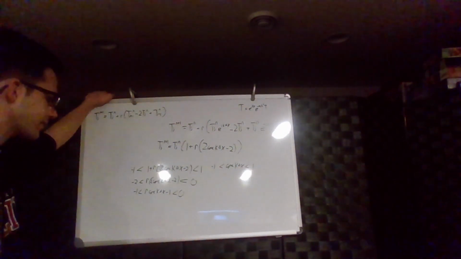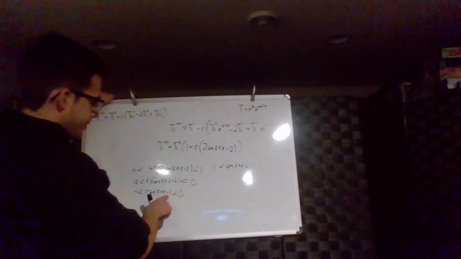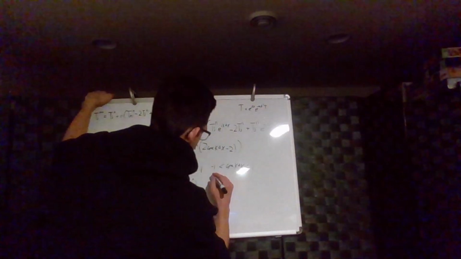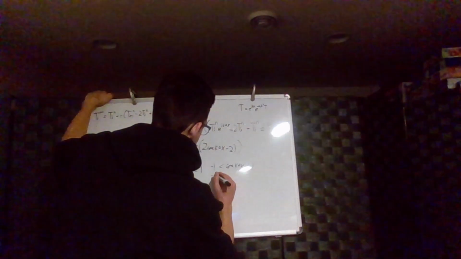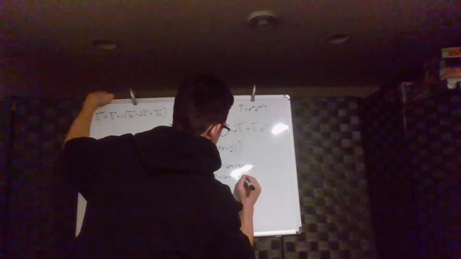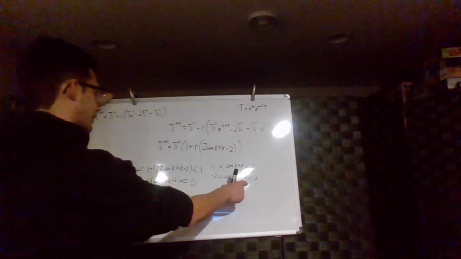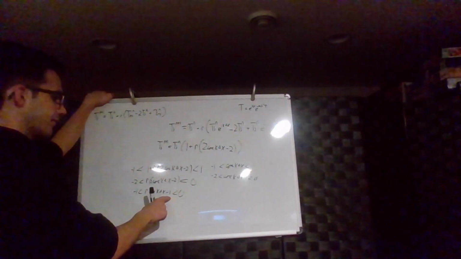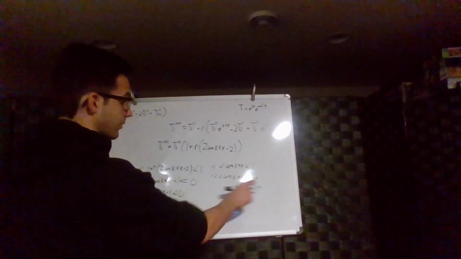Now, if we subtract 1 from each bound, negative 1 minus 1 is just negative 2, and 1 minus 1 is 0. So now we have our cosine k Δx minus 1, and we know this term has to be between negative 2 and 0.